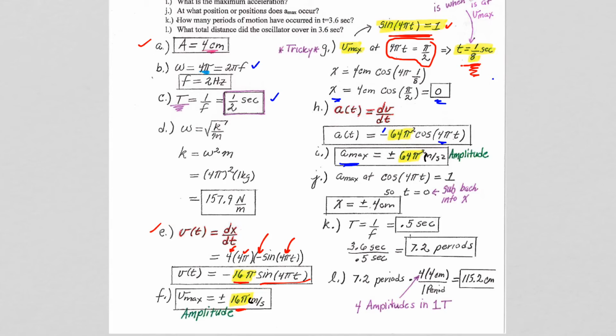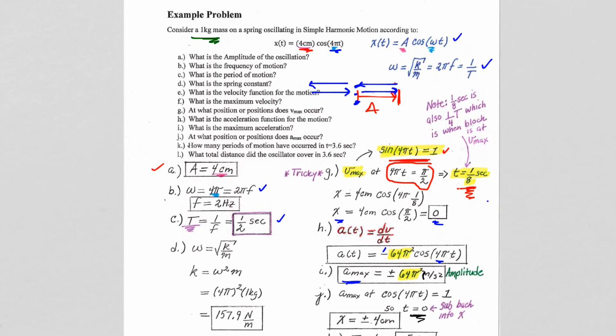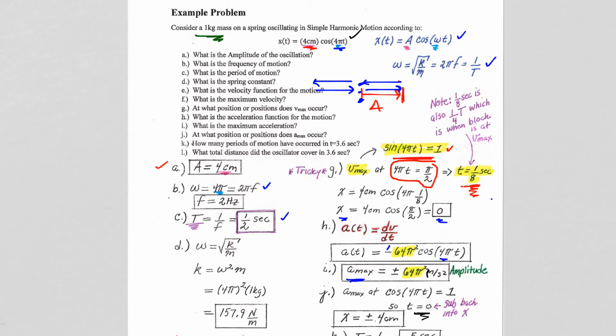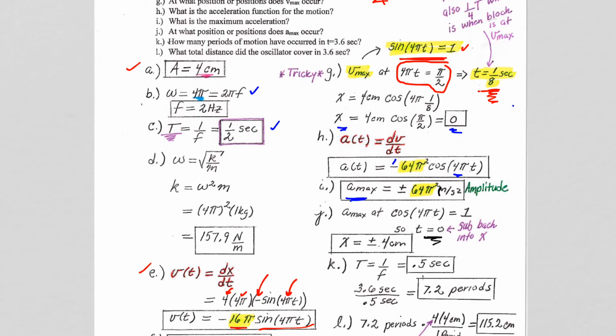That is why we have t equals 0 here. When we plug t equals 0 back into our position function, cosine of 0 is 1, so our x max is plus or minus 4 centimeters. We started at the plus 4 centimeters. When it's at the other end of its oscillation, it's at minus 4 centimeters, so that represents our amplitude.